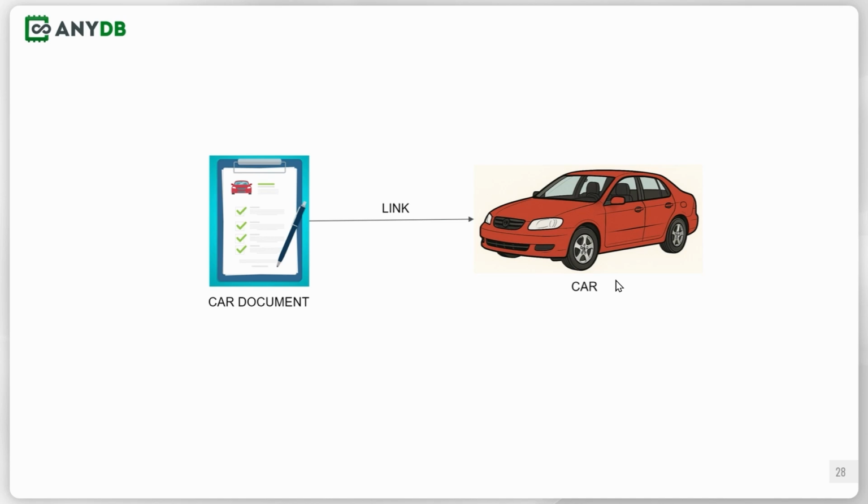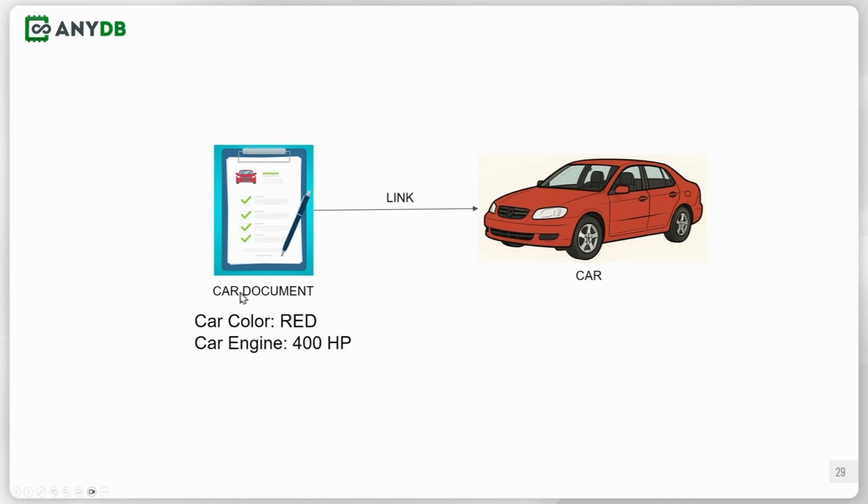But you still would like to get some information from the car into this document. So for example, once you select the car, you want to get the properties of this car, like the color or maybe the engine. So in your car document, once you select and link a car, you want to see the color of the car or the engine size. How do we do this in AnyDB?